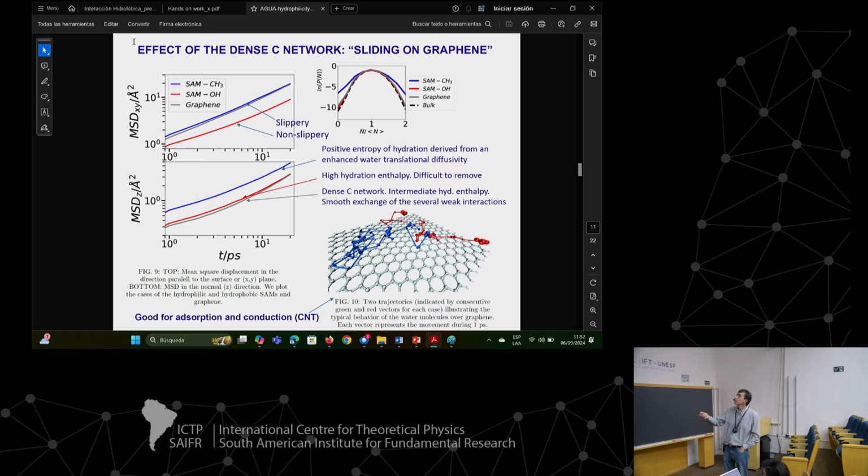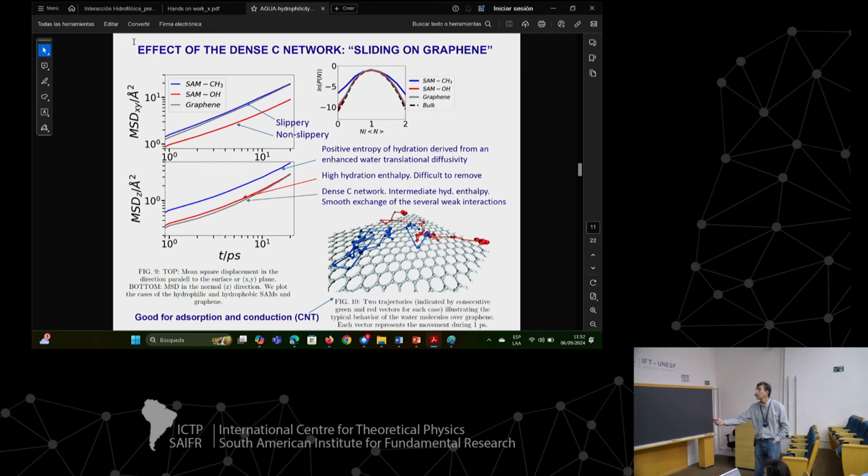And if you look at the mean square displacement in the parallel direction, parallel to the graphene layer, and here we also show the normal direction, you see in the parallel direction there's slip for graphene and the hydrophobic monolayer, and there's no slip for the hydrophilic monolayer. So this behavior is also shown here.